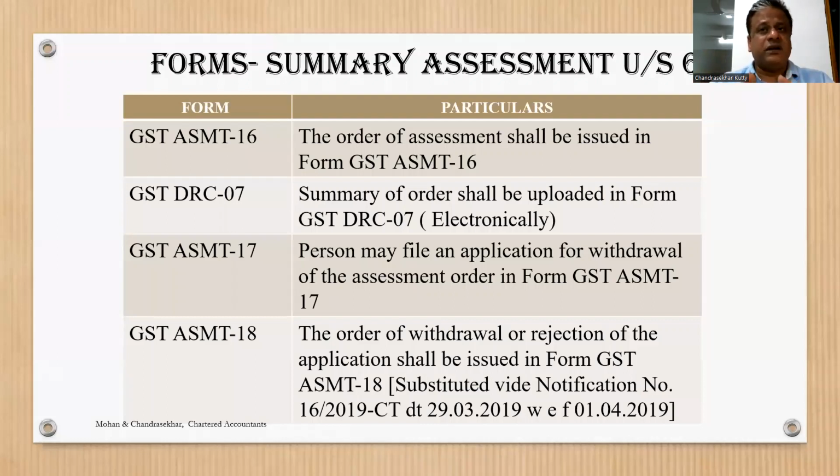So 61 is not basically for annual return; it is for your monthly return. 26AS with a monthly return is very difficult. Maybe they may get some information, like you told, your 11 invoices, only 10 are uploaded, the 11th is not uploaded. Then there are chances, nowadays 100%, that any small mismatch between GSTR-1 and GSTR-3B, you get a notice.